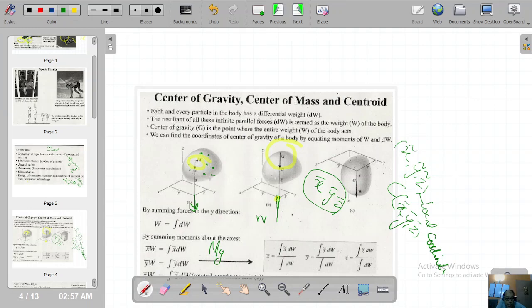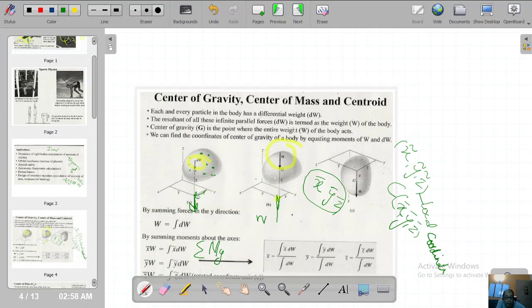And if we sum up all these moments, because it's an arbitrary shaped body, as I told you, we'll use integration. If we sum up all these weights, dW1, dW2, dW3, dW4, we can use summation signs to sum up all the moments about the y-axis.